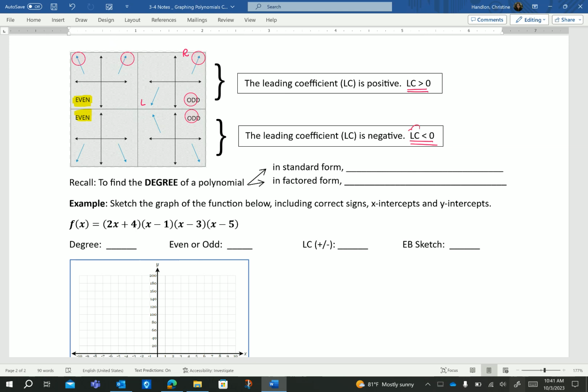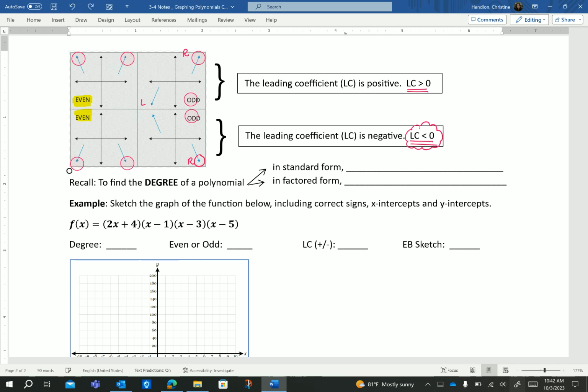Whereas, if your leading coefficient is negative, look how this works out. If it's negative, the arrows on the even function, the pair of arrows, are going to point downwards, okay? Because it's negative. When you look at the odd function, the right-handed arrow is pointing downwards.